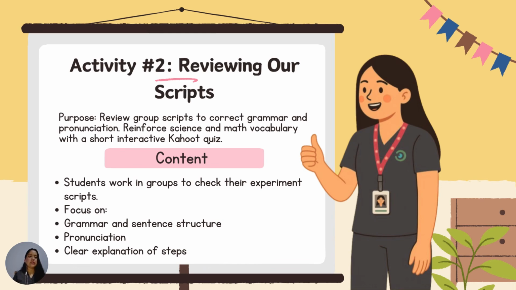For this activity, students are going to review and revise the script they wrote in a previous session. We discuss grammar, pronunciation, and structure, helping them to improve clarity and fluency before they start recording.